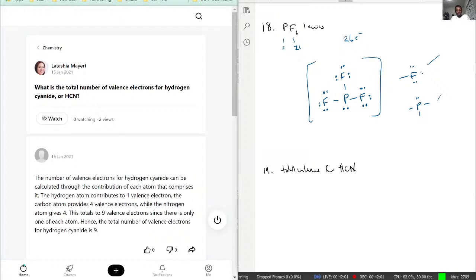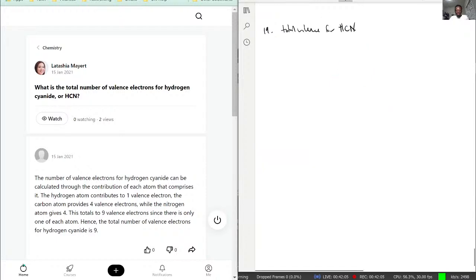Just the count. So with this, total valence for HCN, we're going to ask for the valence electrons each one contributes. So hydrogen contributes 1 valence electron, being on the first column. Carbon would contribute 4 valence electrons, being on the 14th column.